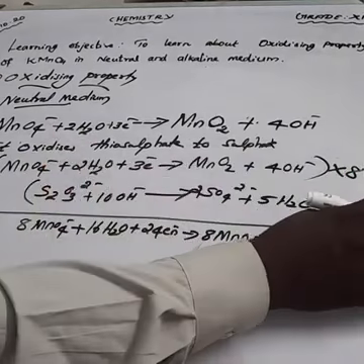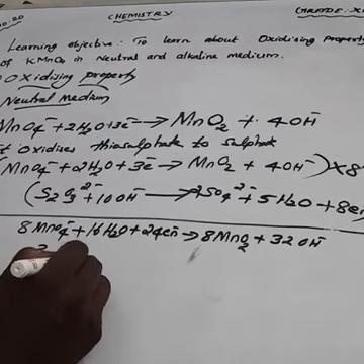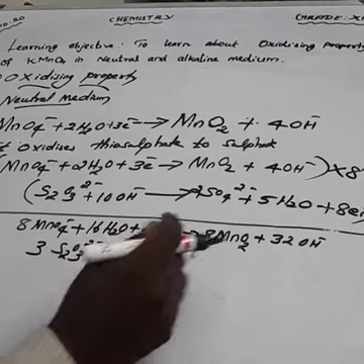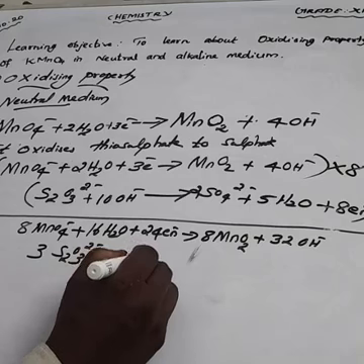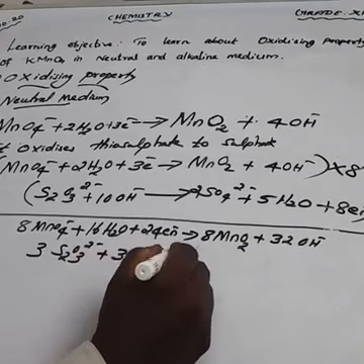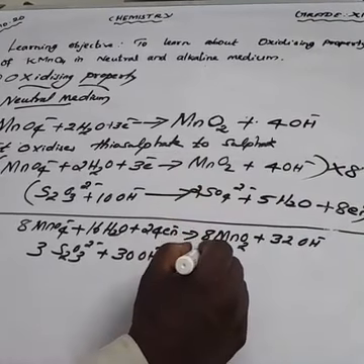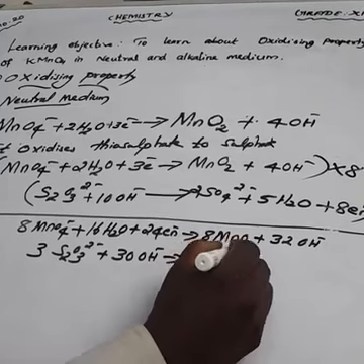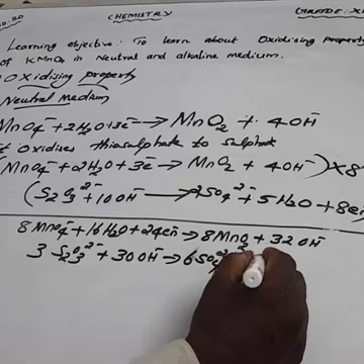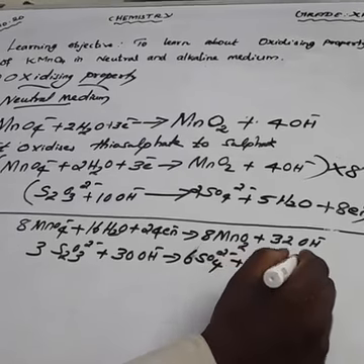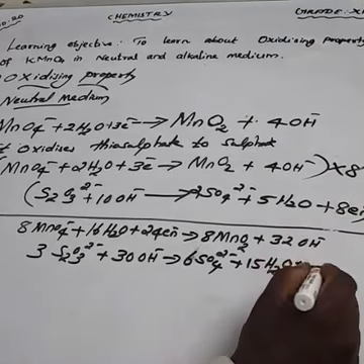That is 3 S2O3 2 minus plus 3 into 10, we get 30 OH minus ions, gives 3 into 2 we get 6 sulfate ions plus 3 into 5 we get 15 water plus 3 into 8 is equal to 24 electrons.